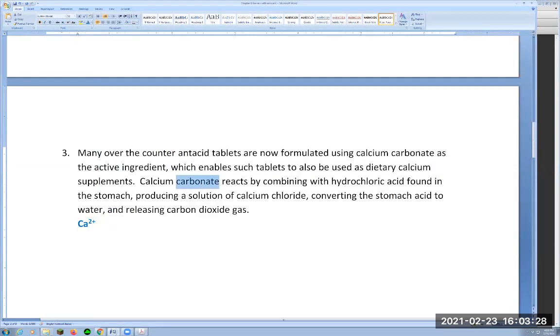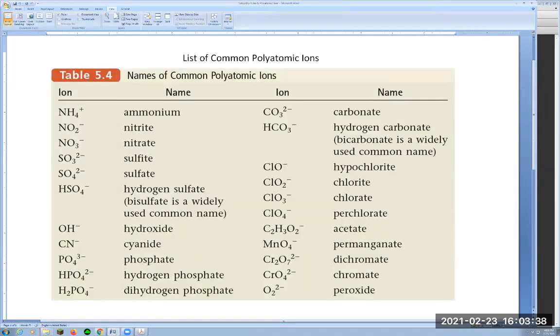And then carbonate. Okay, carbonate is not in the periodic table. And that's where the document I showed you at the beginning comes in handy. Here, carbonate, because it ends in -ate, it's indicating that it's a polyatomic ion, because a lot of polyatomic ions end in -ate, like sulfate, phosphate, nitrate, acetate.